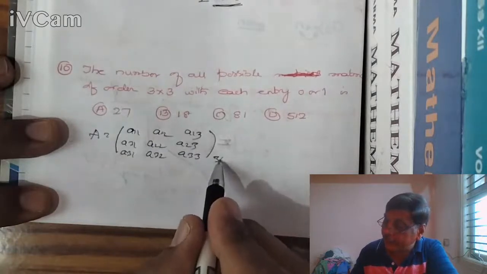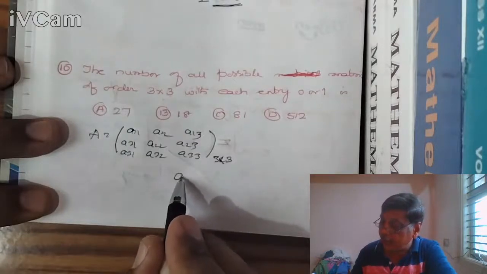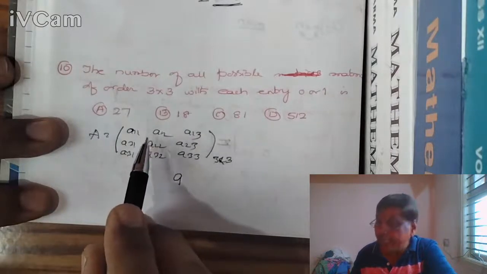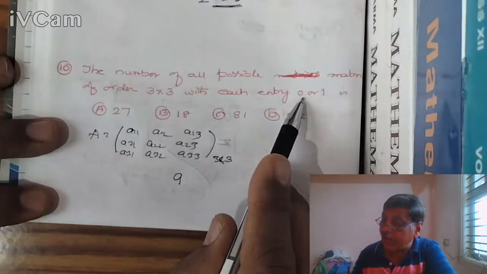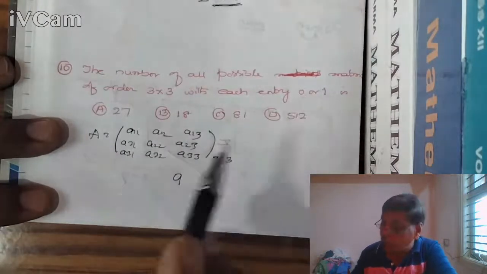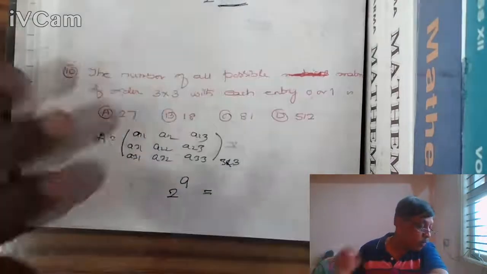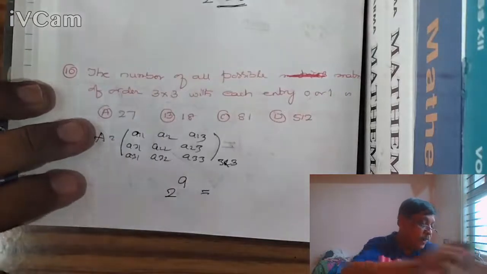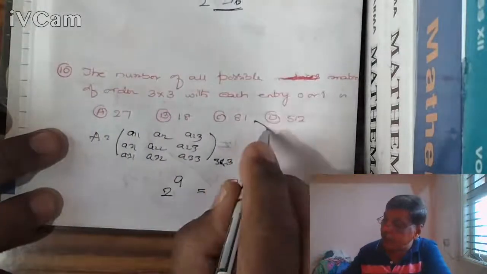How many elements are there? There are 9 elements. Each element has 2 possibilities, either 0 or 1. Therefore 2 to the power of 9, which after simplifying gives 512. So this is the answer.